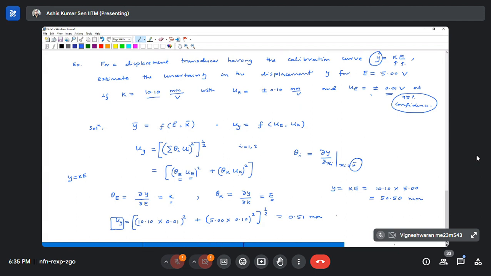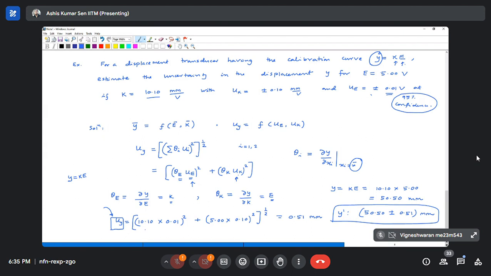So the best estimate of y is 50.50 plus minus 0.51 mm. That shows how the individual uncertainties have contributed to the total uncertainty using this formula. Is it clear, everybody?